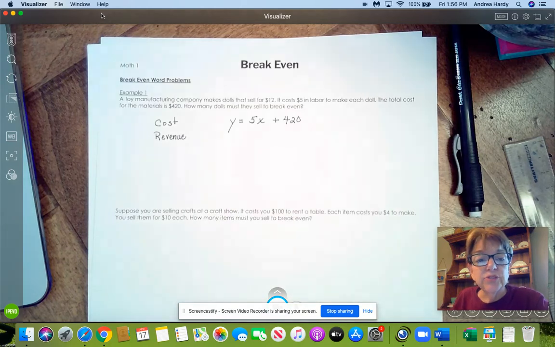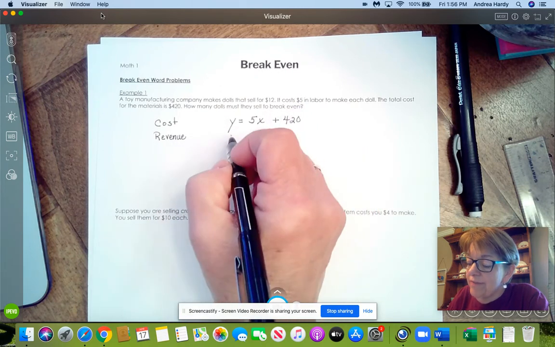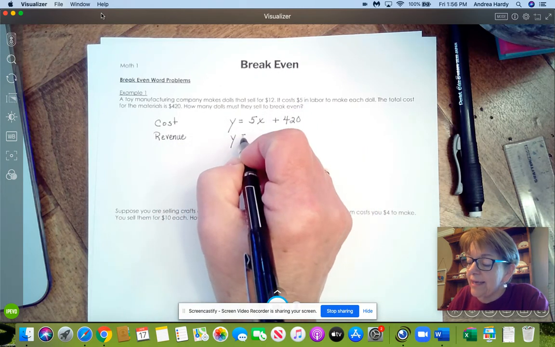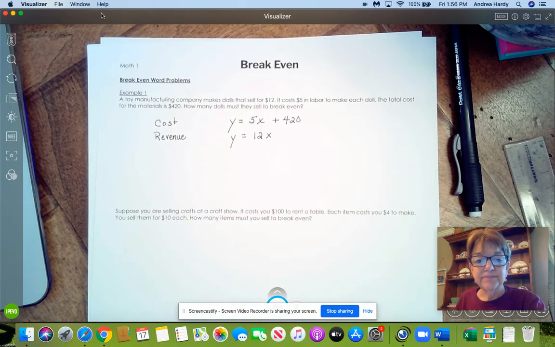So the $420 is a cost that is going to stay there. It doesn't cost any more to make the dolls. That is a one-time fee. Okay? And then $5 for each doll. The revenue is how much money they're going to make. They're going to make $12 for every doll that they sell.